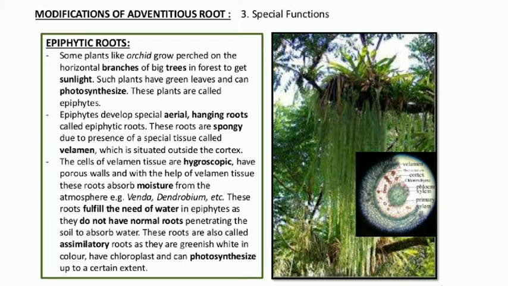Some plants like orchid, which have a weak root system and weak stem, want more sunlight, so they usually grow on other, larger plants to get sunlight for photosynthesis. Those plants are called epiphytes, and they are aerial in their nature.